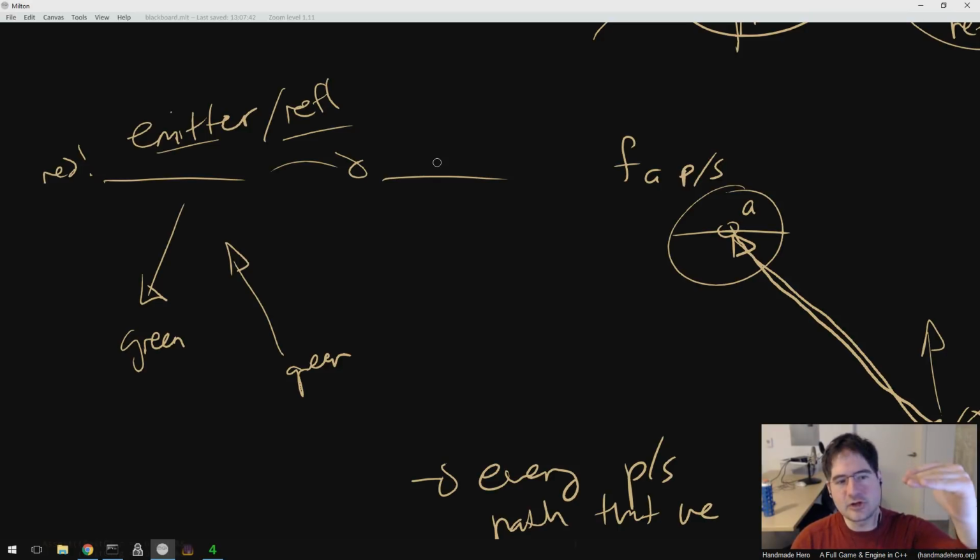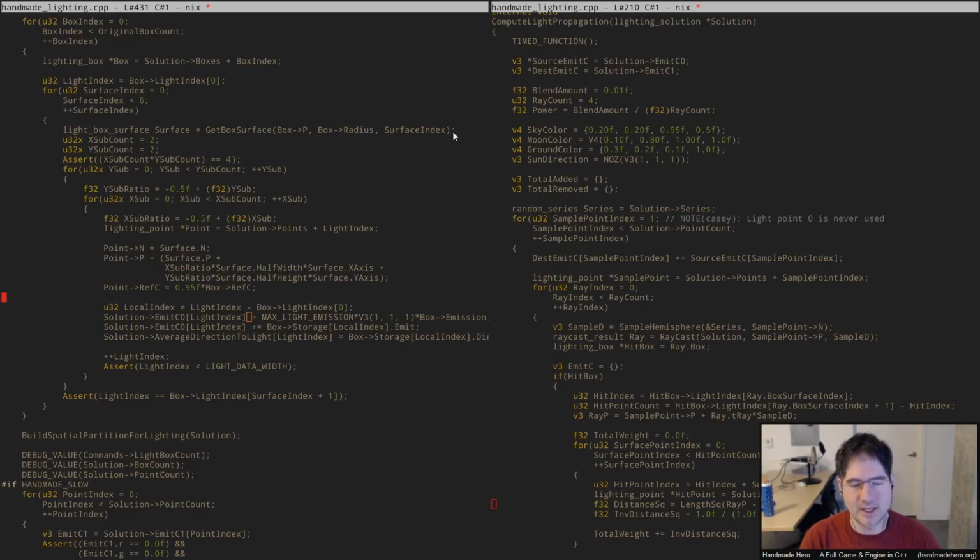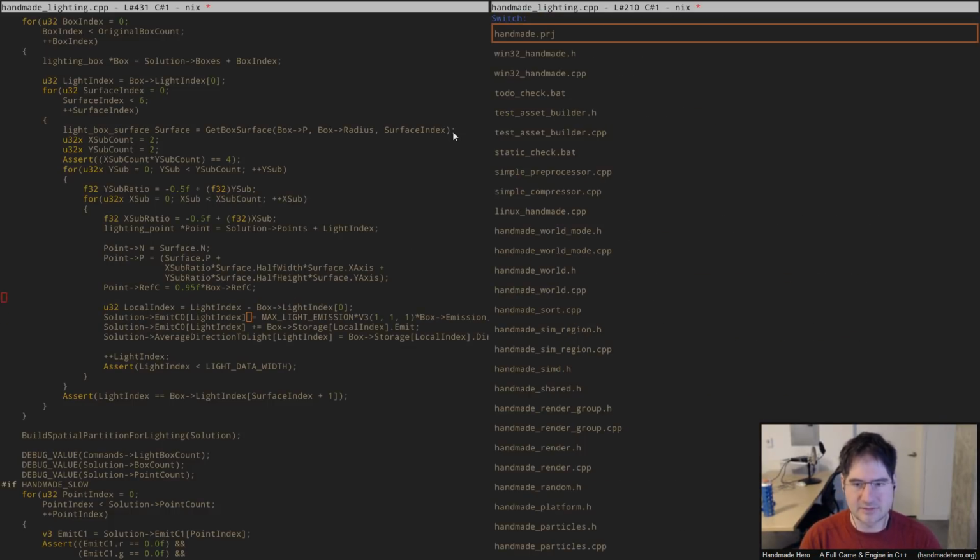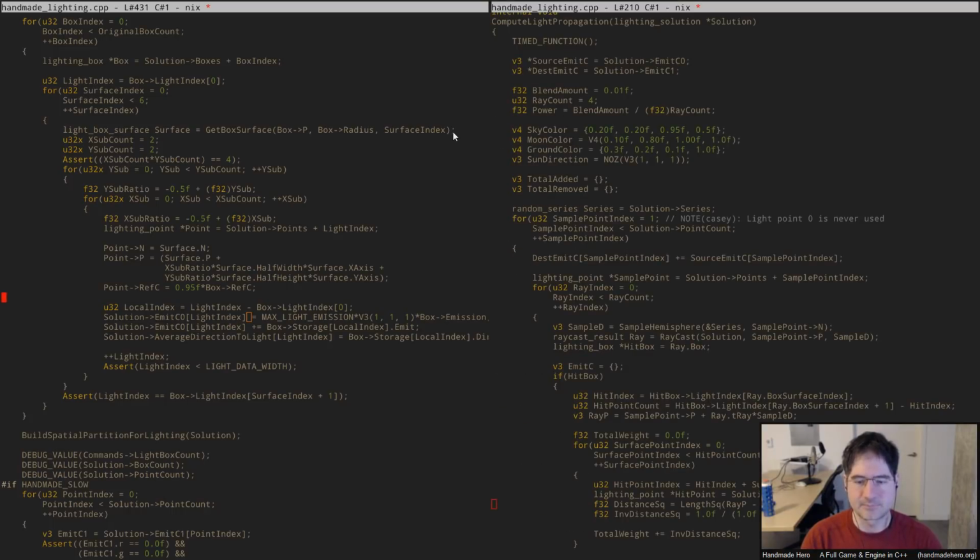So I need to know the difference between the emitted light and the reflected light, because if I don't keep those quantities separate, I don't know on the subsequent frame how to interpret the emission value coming from the user. Because I don't know how much light I was trying to take above and beyond that previous emission value. I realize that's a little confusing. I just don't know another way to deal with it at the moment, right?